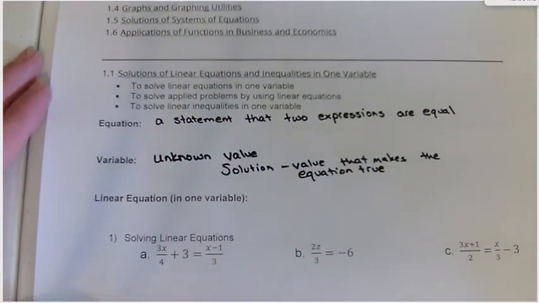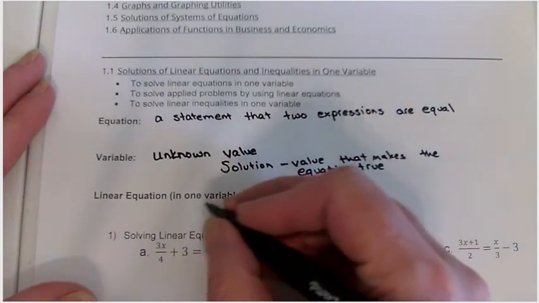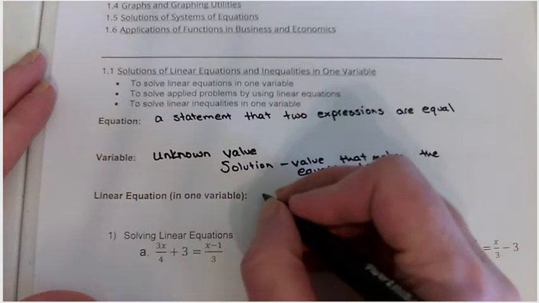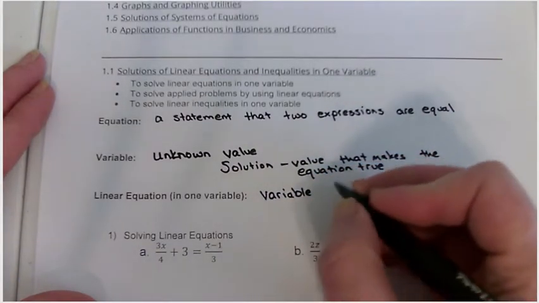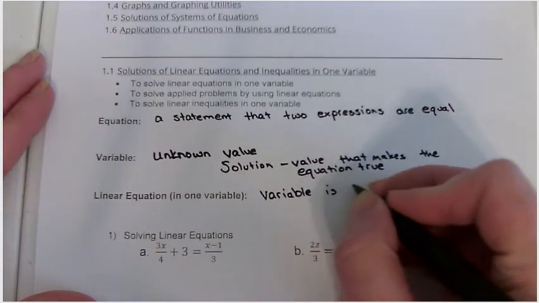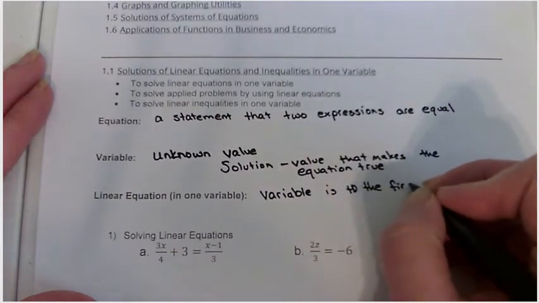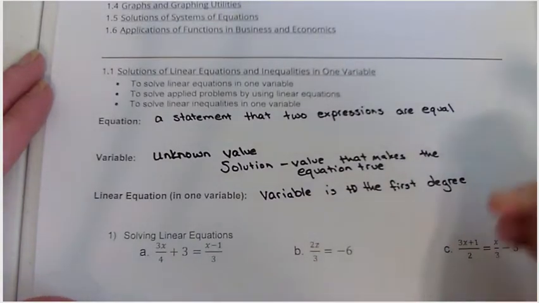Now, the first types of equations we're going to be looking at are linear equations. And that just means that we have a linear equation in one variable. That just means the variable is to the first degree. In other words, I don't have any x squareds or anything weird going on.